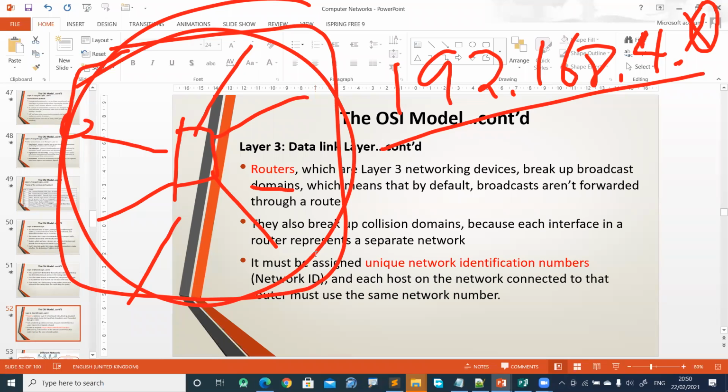No one wants to answer. Huh? Is it not 255? It does not start with 255. 255 is the subnet mask. That IP address, I even demonstrated it. Is it true?